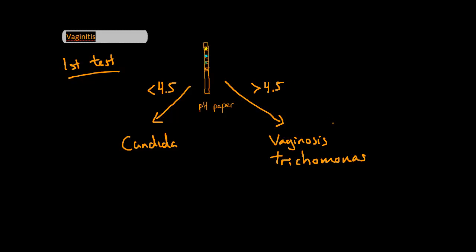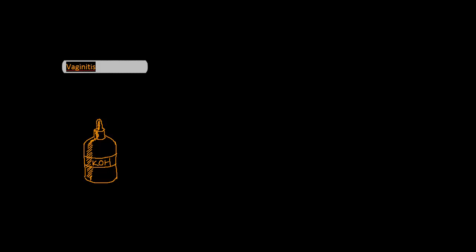So if you get a test strip which shows a pH of 6, it's either vaginosis or Trichomonas. Less than 4.5, it's likely Candida. However, even if this test indicates that the specimen is likely to be Candida, you still perform the other two tests, the KOH prep and microscopy.